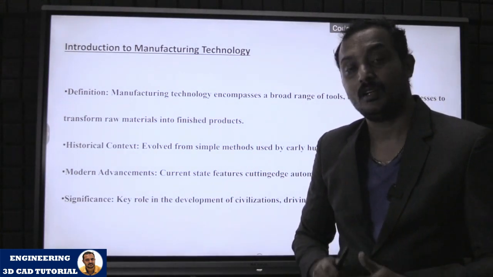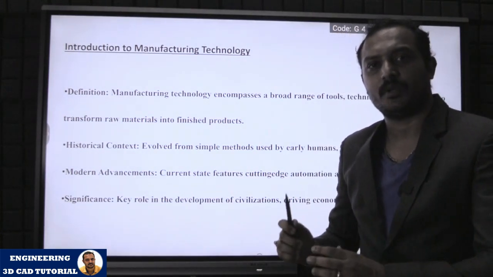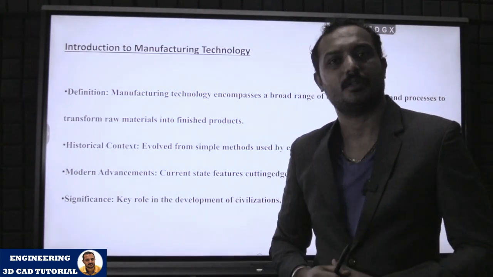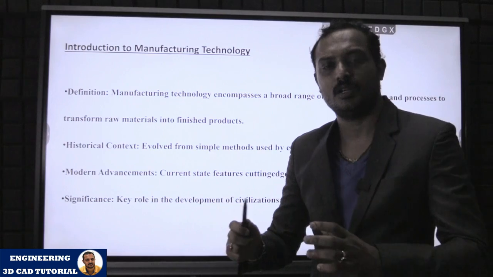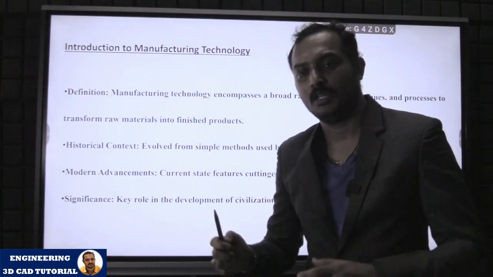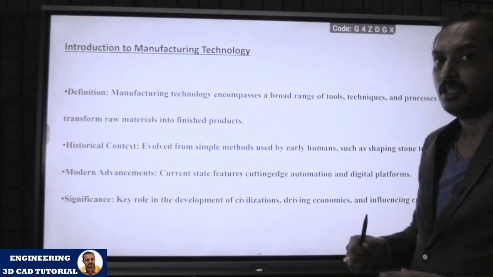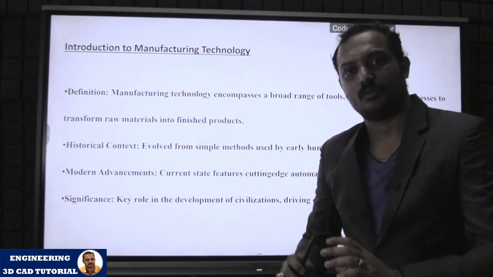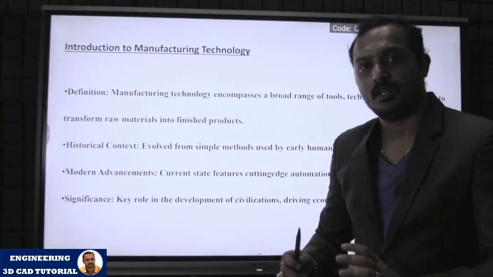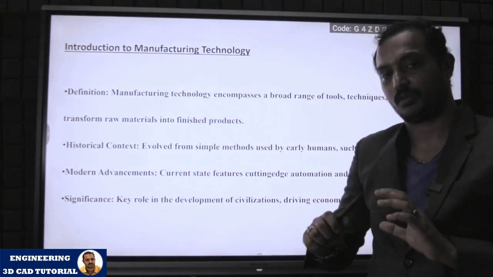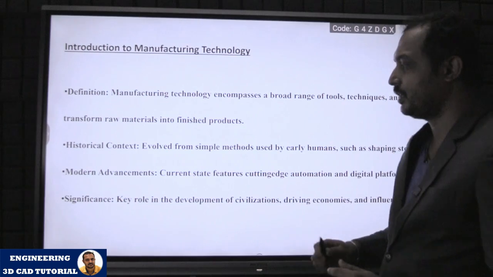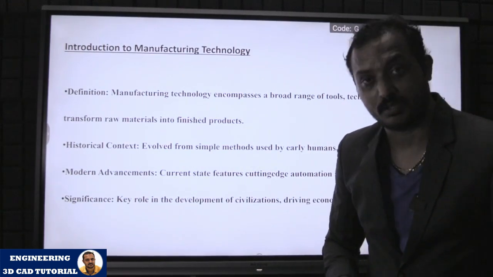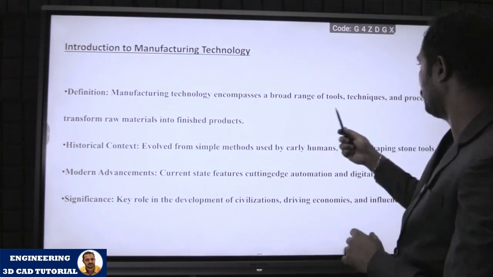He will select the proper tool. Suppose the diameter of the heated rod is small, then he will use a small hammer. If it's big, then he will use a bigger hammer. The size will differ. So the technique is required: at what period, what type of tools to be used, for how much time. Suppose it has to be hit 4 times, 5 times, 10 times, 100 times to get the desired shape. So there is a technique.